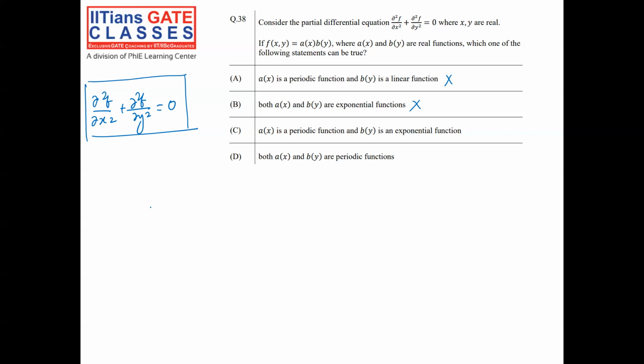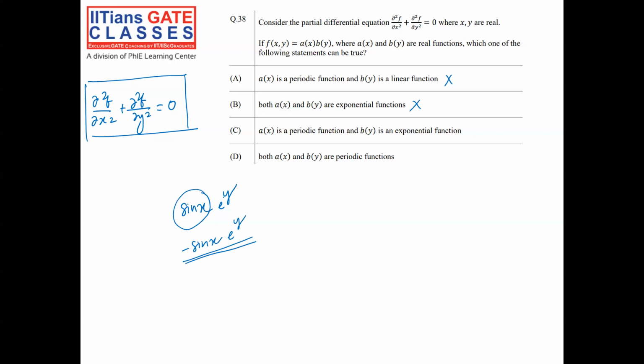where a of x is periodic, let's say sine of x, and b of y is the exponential function e to the power of y. Now if we differentiate sine of x 2 times, we'll get minus sine of x e to the power of y.